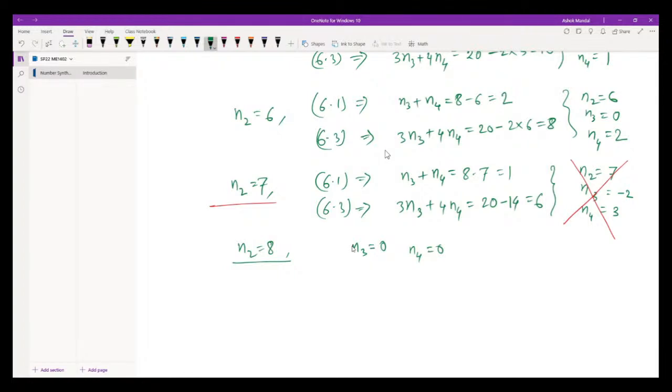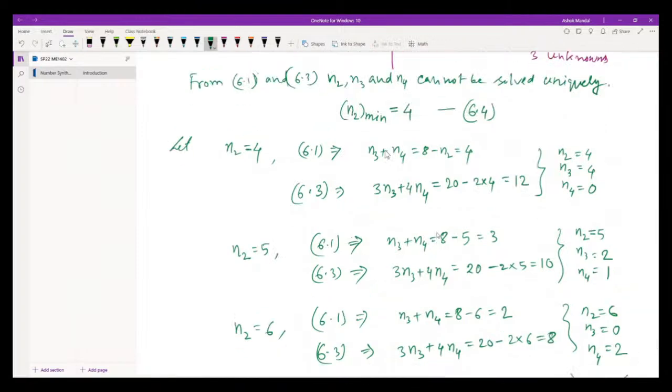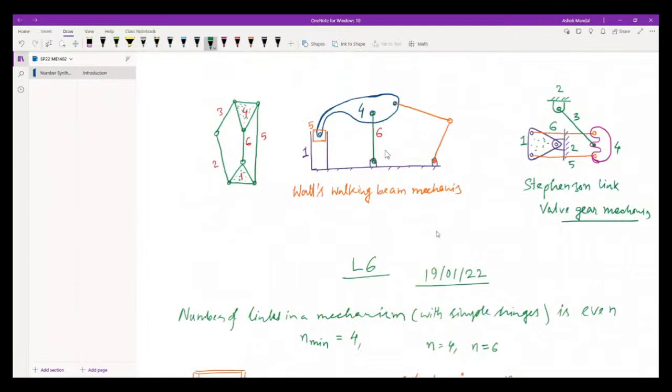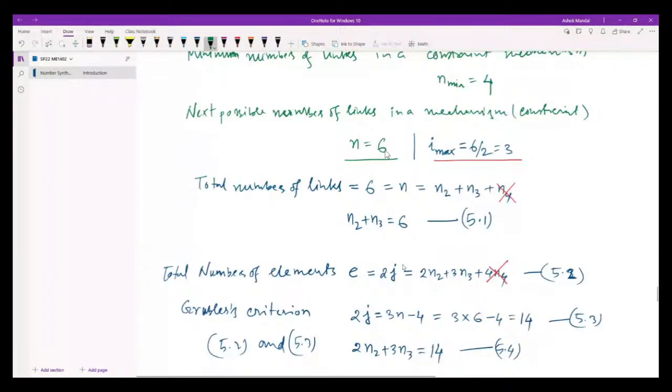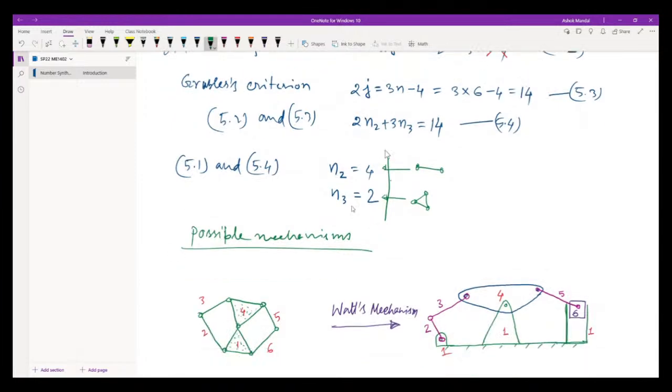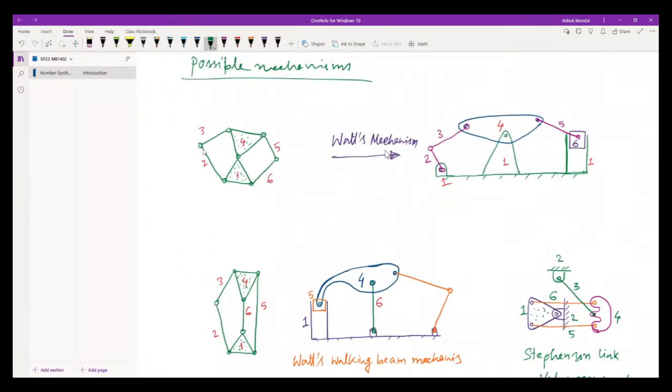So what we will ask you to do is try to construct some mechanisms as we did here for number 6. We have only one solution, n2 is 4 and n3 is 2. Using these two, we have got these two mechanisms, and practical applications are these.